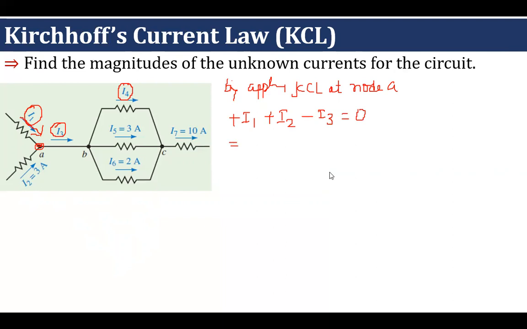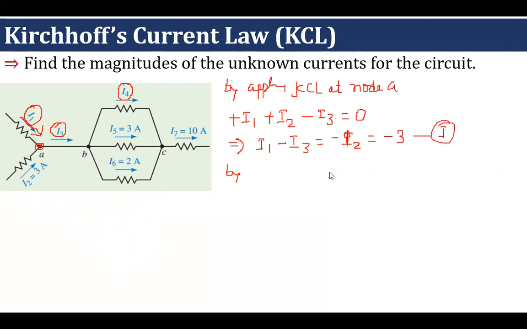Here I2 is the known quantity, so I can write I1 minus I3 equal to minus I2. And what is the value of I2? It is 3 ampere, so minus 3. This is equation number 1.